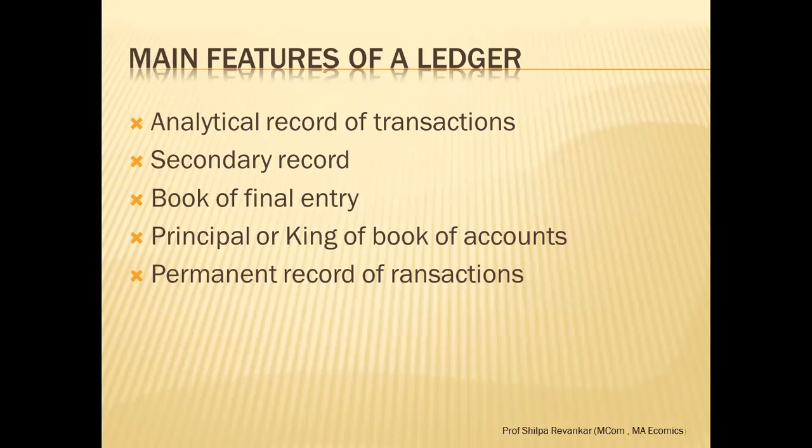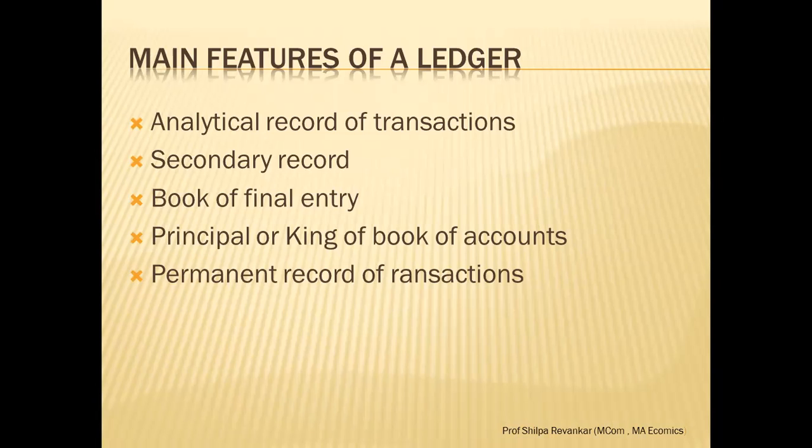Because the journal is the first book of accounts where any transaction, big or small, is first recorded in a chronological manner. Now, seeing that journal we make accounts. So the journal is a reference and we are copying the details of entries into different accounts. That's the reason why ledger is called a secondary book of account.